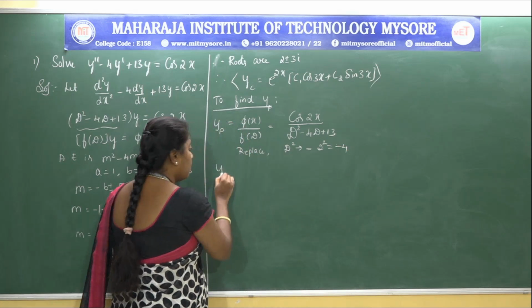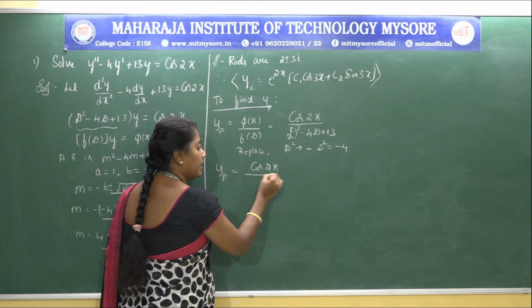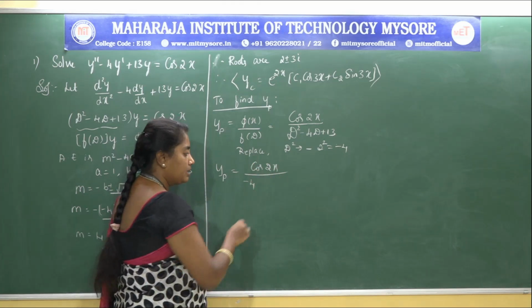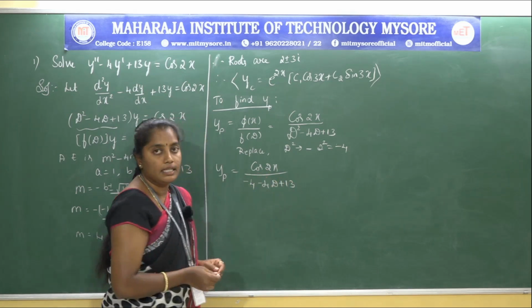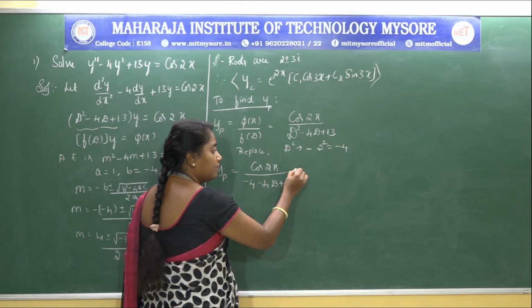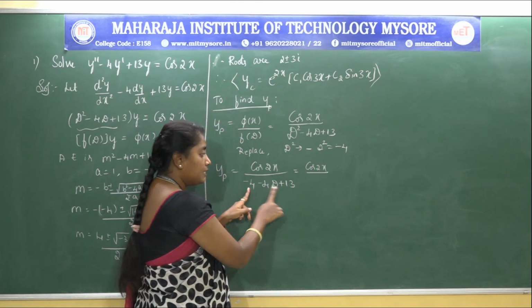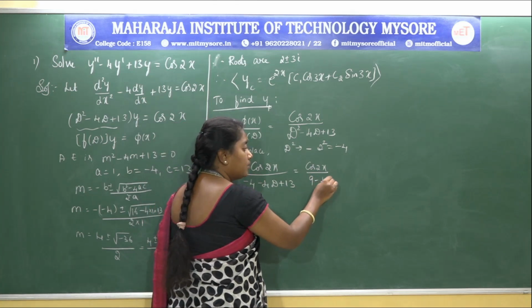Therefore yp is equal to cos 2x divided by minus 4 minus 4D plus 13, which simplifies to cos 2x divided by 9 minus 4D.